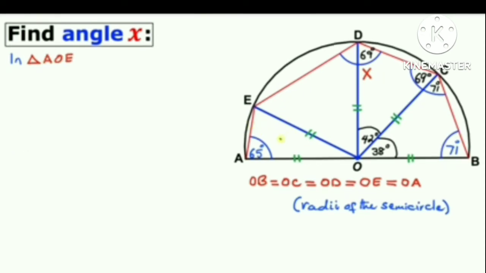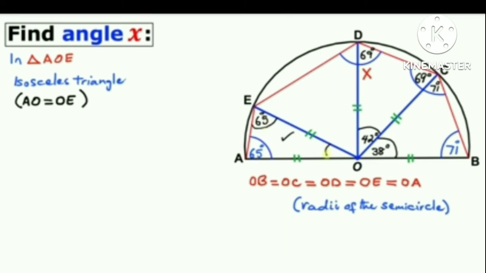And now let's focus on this triangle AOE. We can see that this is an isosceles triangle, since OA equals OE. Therefore, this angle has got to be equal to this angle. If this angle is 65 degrees, this angle has got to be 65 degrees as well. Moreover, the sum of all the angles in this triangle AOE must be equal to 180 degrees.